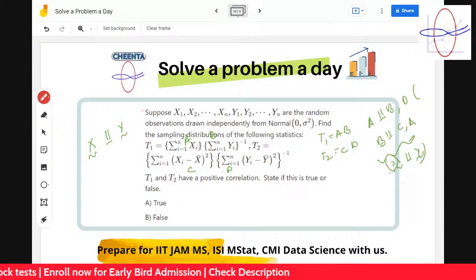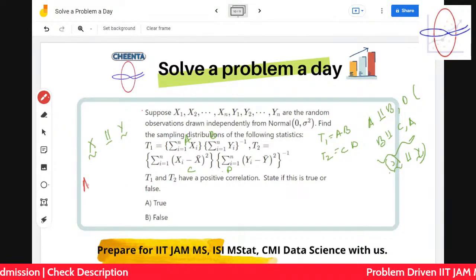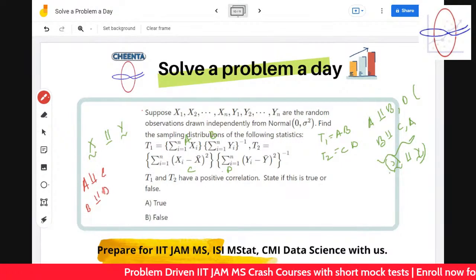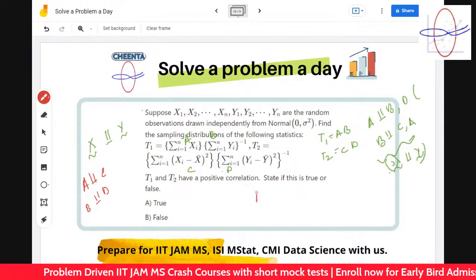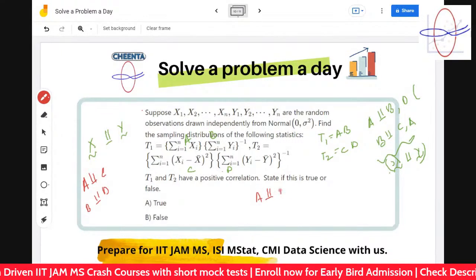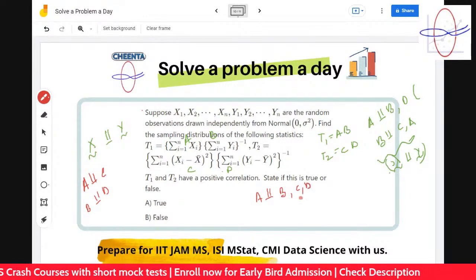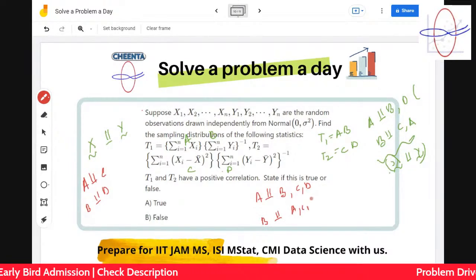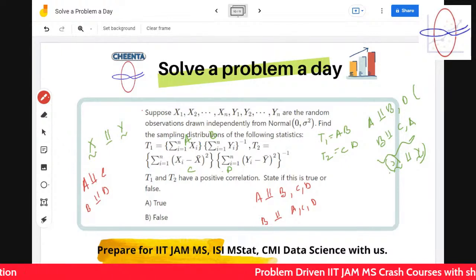Therefore, A and C are also independent, and B is also independent of D. So A is independent of all of them, B, C, and D. Similarly, B is independent of A, C, and D. So one comes from the variable change part, another part comes from the independence of the mean and the variance.